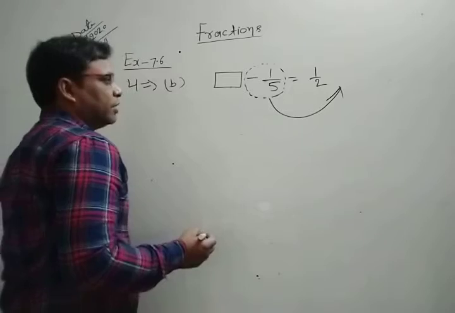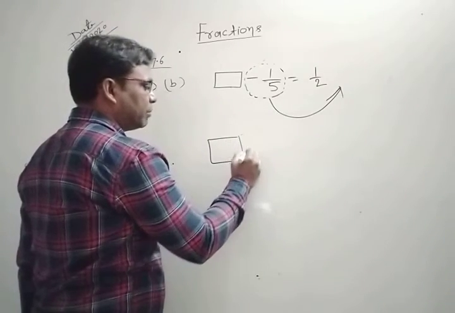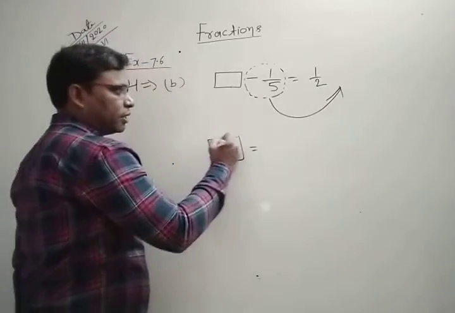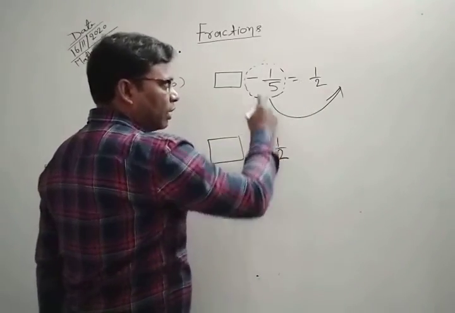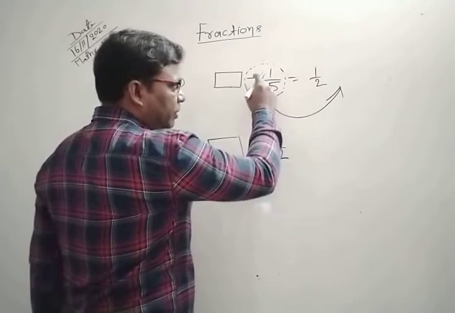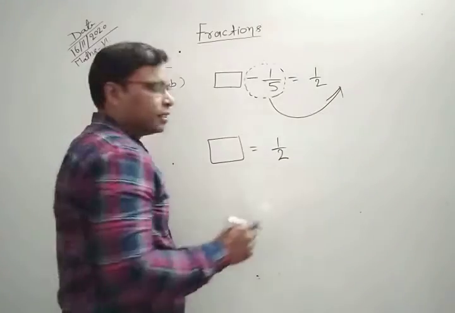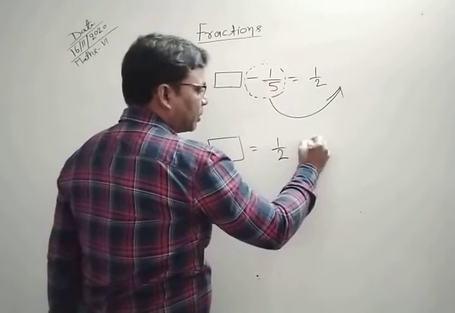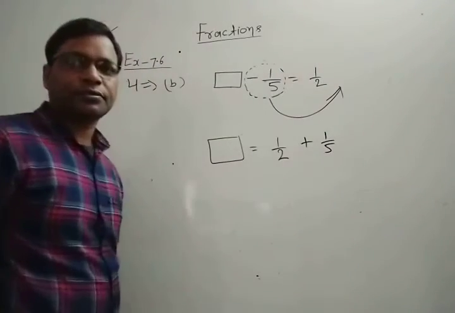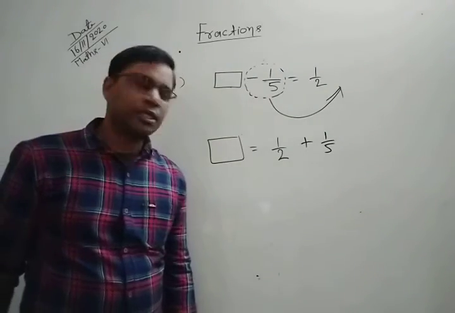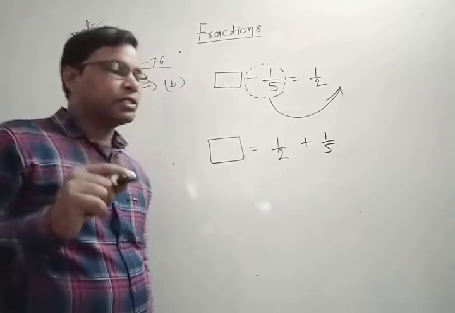So let's see. On the left hand side we have only this box, and on the right hand side we already have 1 by 2, and we transpose minus 1 by 5 to the right hand side. Then minus 1 by 5 becomes plus 1 by 5. Clear? Minus 1 by 5 becomes plus 1 by 5 when we transpose it from the left to the right side.